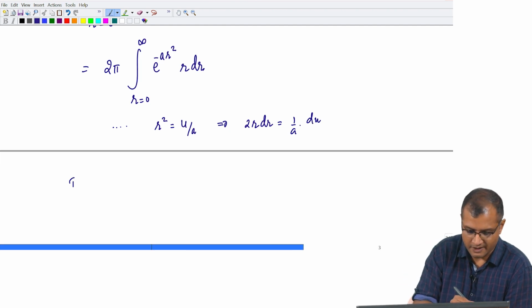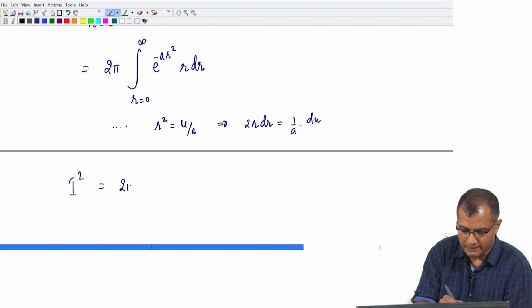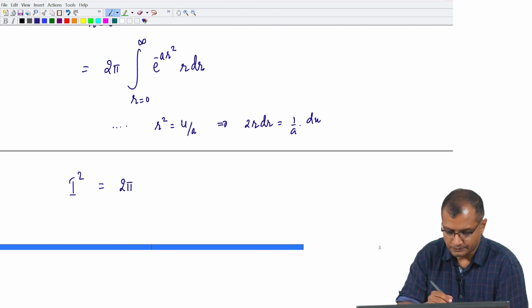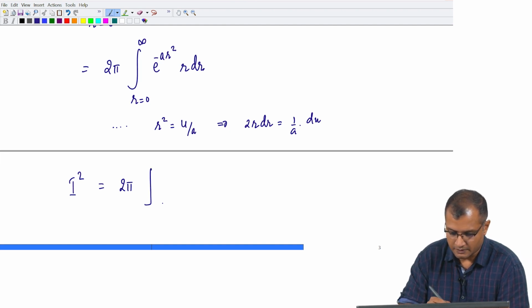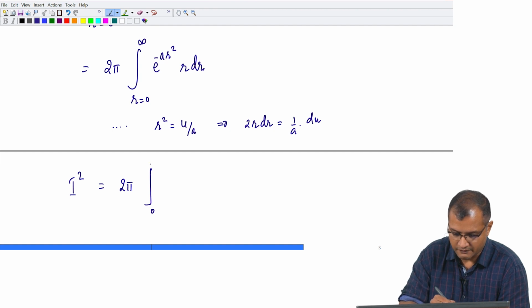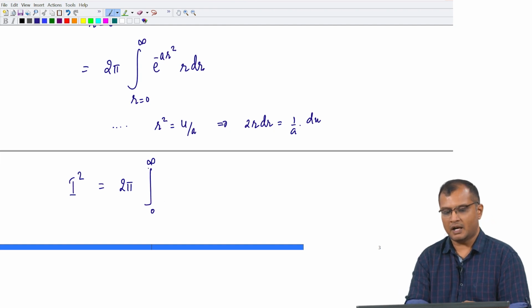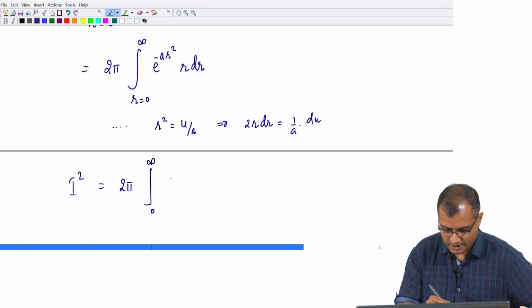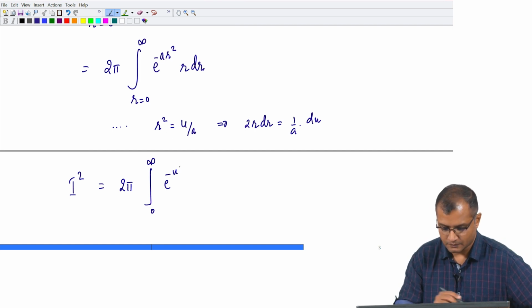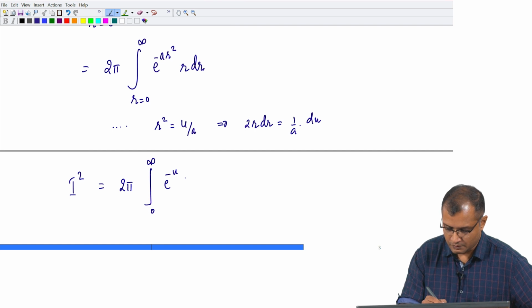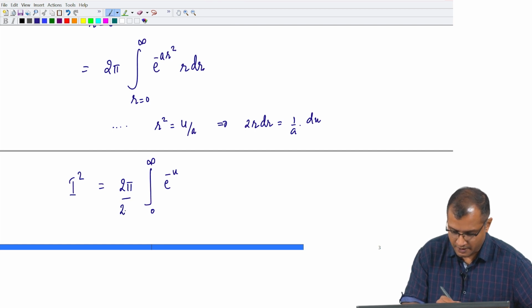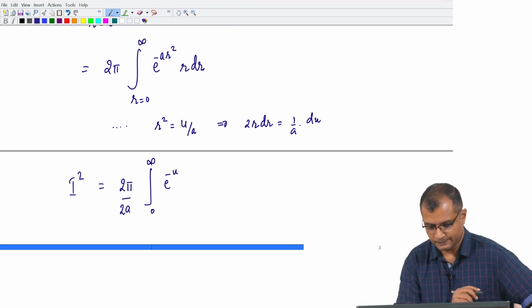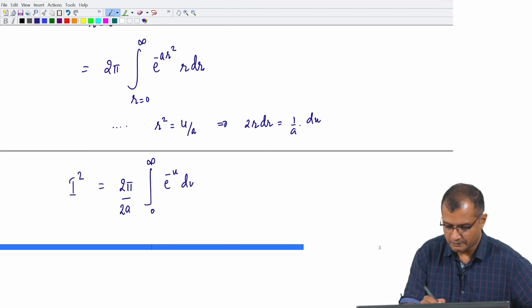So, this will give my I square as 2 pi into integration 0 to infinity, because the limits on r are the same as limits on u, and I get e to the power minus u into 1 upon 2 a du.